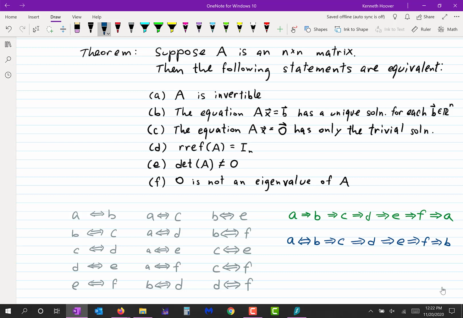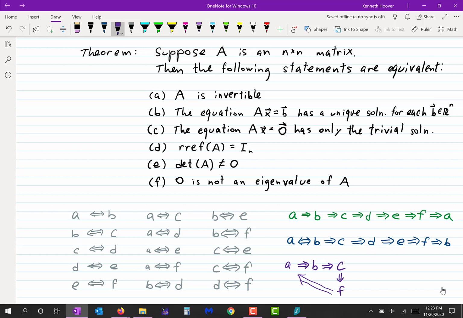So there's lots and lots of possibilities. You could do, let's pick a different color here, something like maybe A implies B, which implies C, and maybe C implies F. And maybe F implies A. And F also implies, I forgot to put an arrowhead on there.